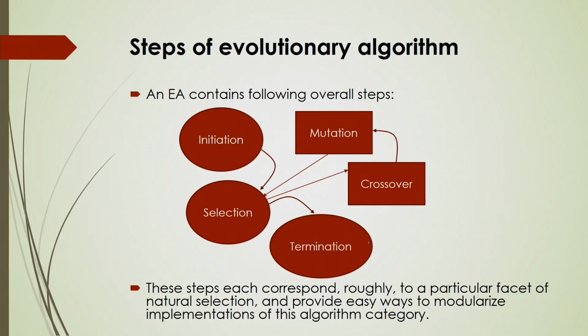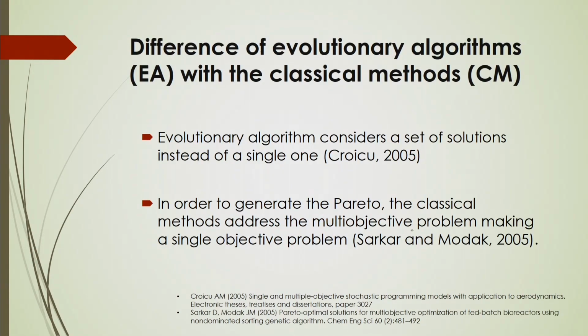So, after initiation, selection should be there, and after selection, you have to have some termination steps. These steps correspond roughly to a particular facet of natural selection, and provide easy ways to modularize implementations of the algorithm category. That is why these steps are preliminary, based on which evolutionary algorithms are procured.